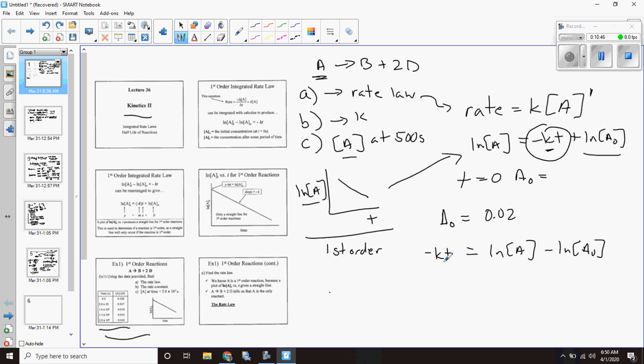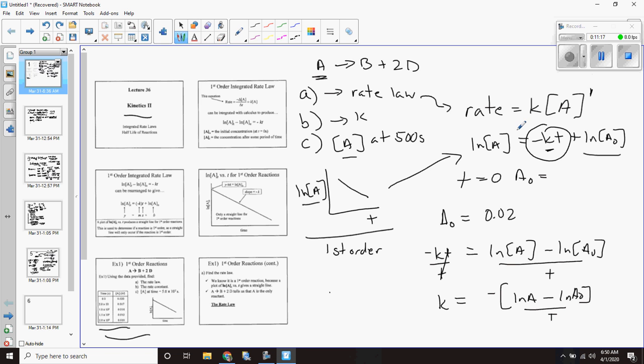And then I want to solve for k, so I'm going to divide both sides by time. And to get rid of the negative, I could multiply both sides by -1 and end up with k equals the negative of natural log of a minus the natural log of a0. I'm getting sloppy here, divided by time. All right, so that's the equation we're going to use to solve our problem.